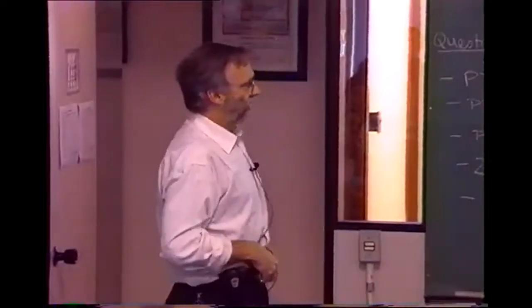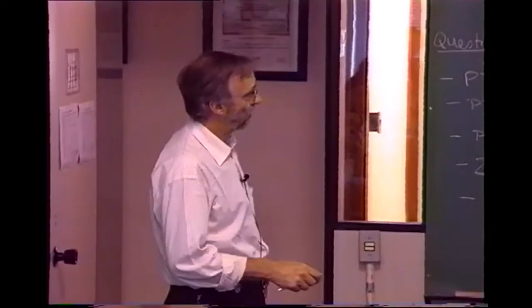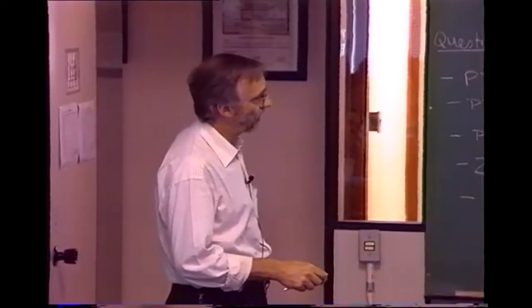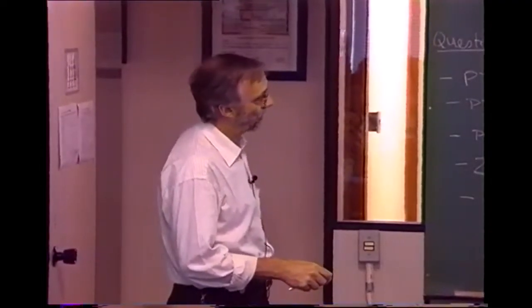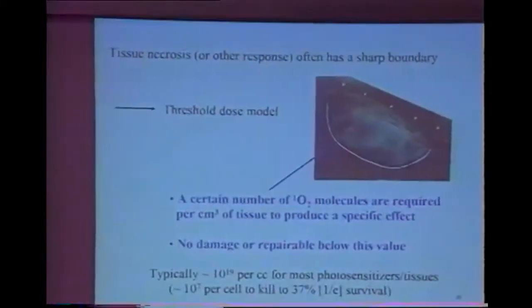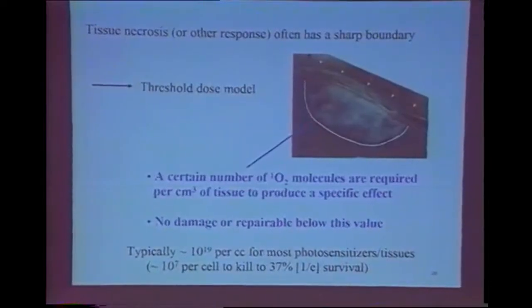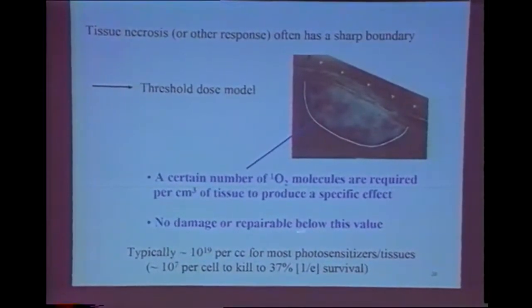It's possible, and a number of people, including the group here, have done experiments where you measure the amount of drug at this level, you measure the amount of light reaching this level, maybe the amount of oxygen also, and you can calculate how many light photons you need to be absorbed by the photosensitizer per gram of tissue, and it turns out to be about 10 to the 19.